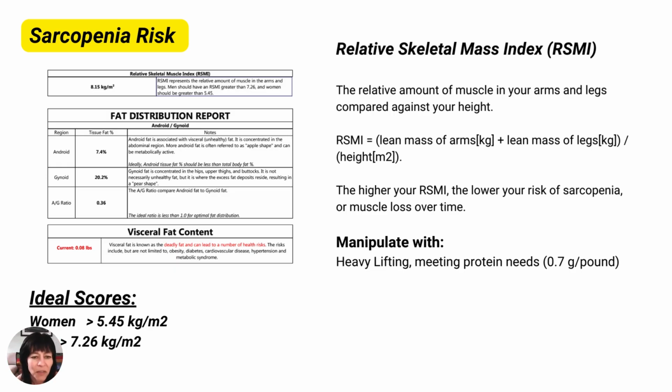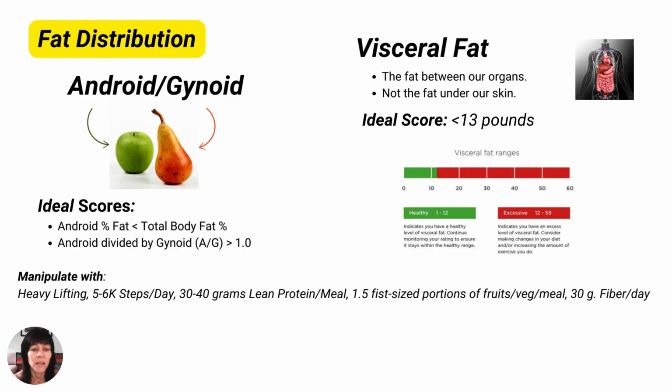Let's move on to fat distribution. You may have two different ways to check in on that factor on your long-term health. The first one is the android to gynoid ratio. Android is an apple shape, gynoid is a pear shape. Essentially, we want two things happening.